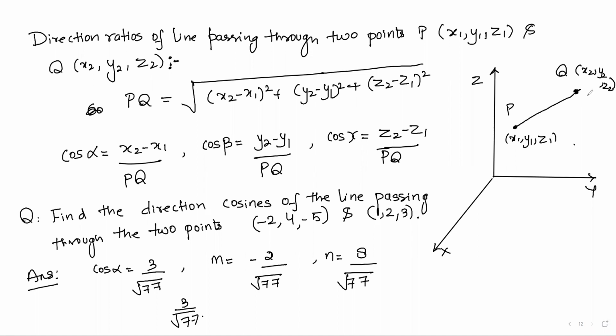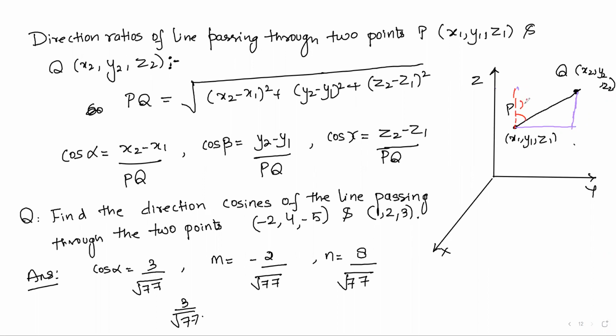Now, if we draw a perpendicular from Q to the XY plane, suppose we get N here. Now, this is the Z axis because I need to show you the angle gamma. I will draw like this. This is your line PQ.